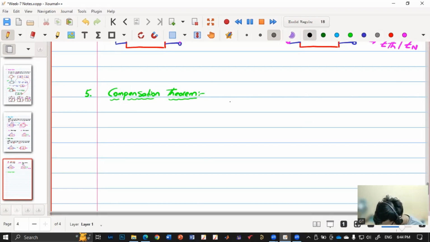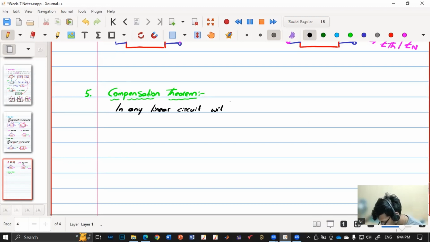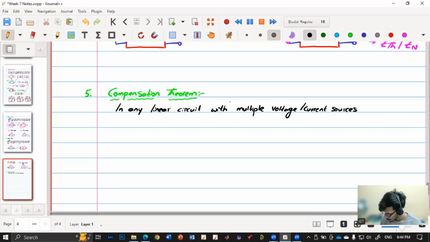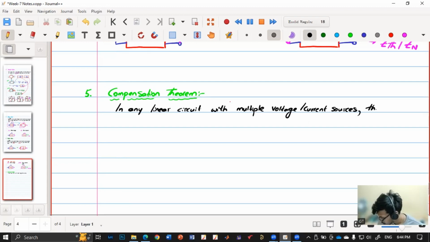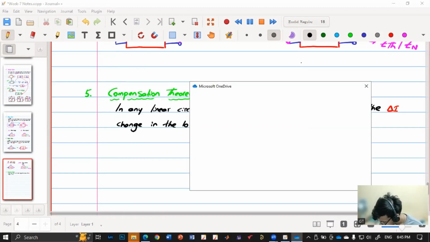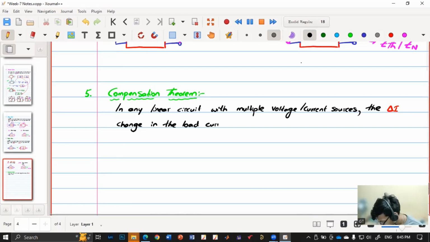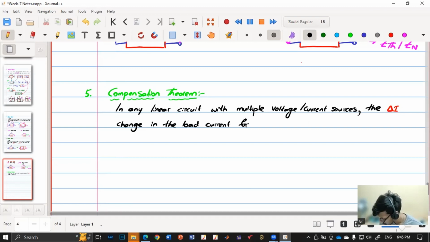What it says is, in any linear circuit with multiple voltage and current sources, the delta I change in the load current for delta Z change in the load impedance.